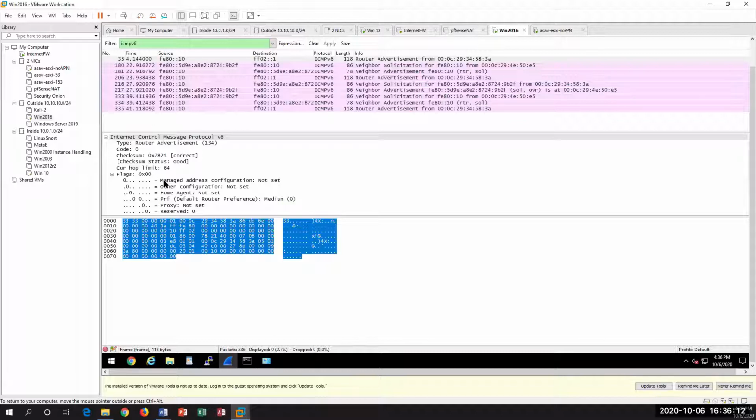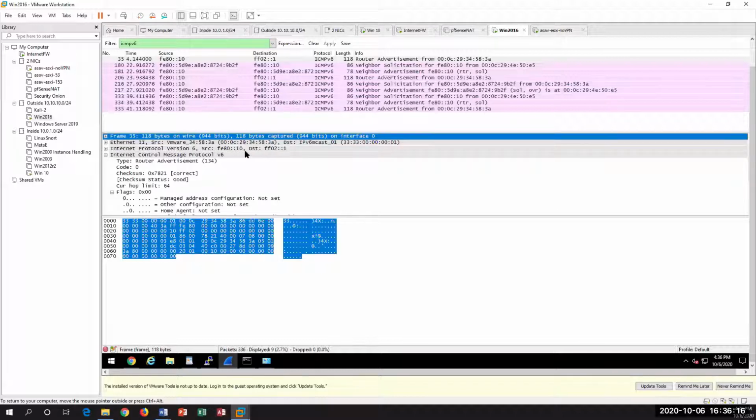And you can see the flag is M0 O0, okay? And if you look at the layer 3 information, it is FF02::1, then of course the multicast MAC address will be 3333, with the 32 bits being copied from the destination here. So that's the router advertisement there.